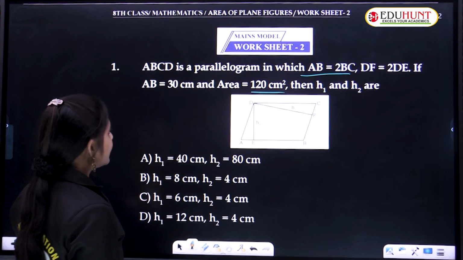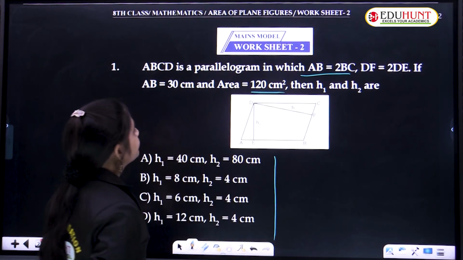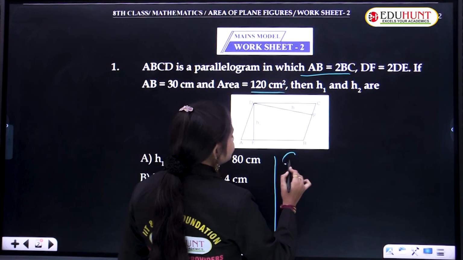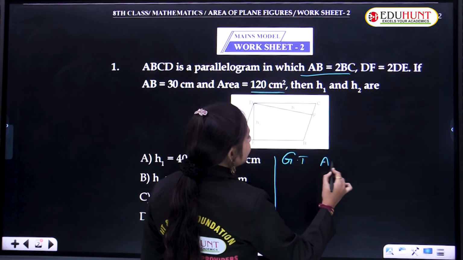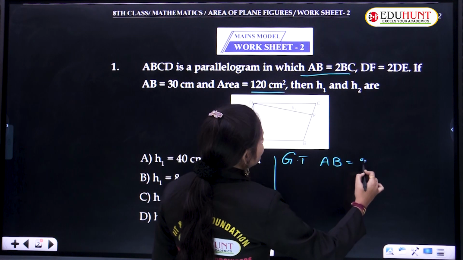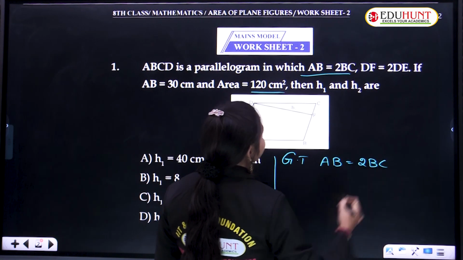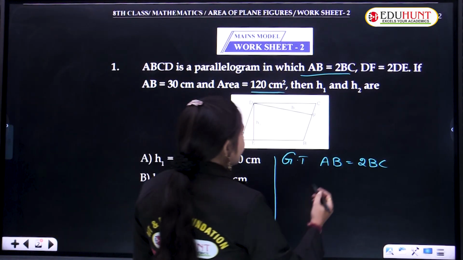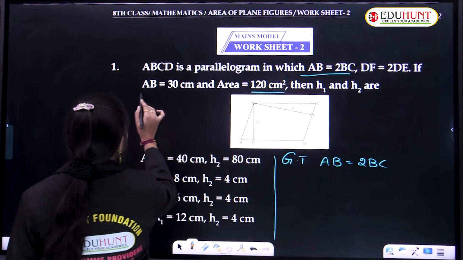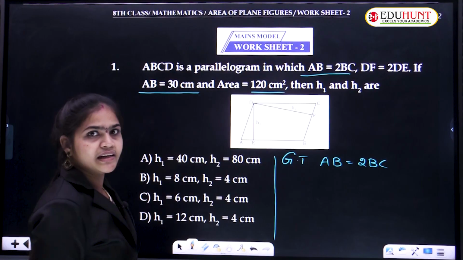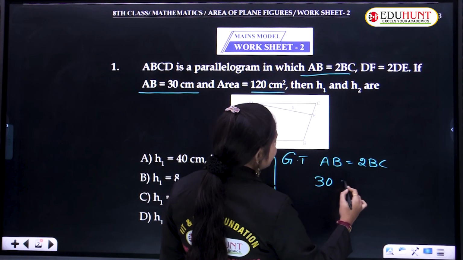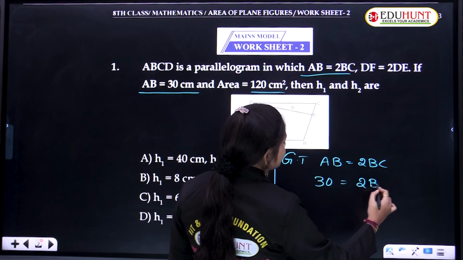Now see here, ABCD is a parallelogram. What is given? AB is equal to 2 times BC. The measurement of AB is already given: 30 centimeters. AB is equal to 30 centimeters, which is equal to 2 BC.